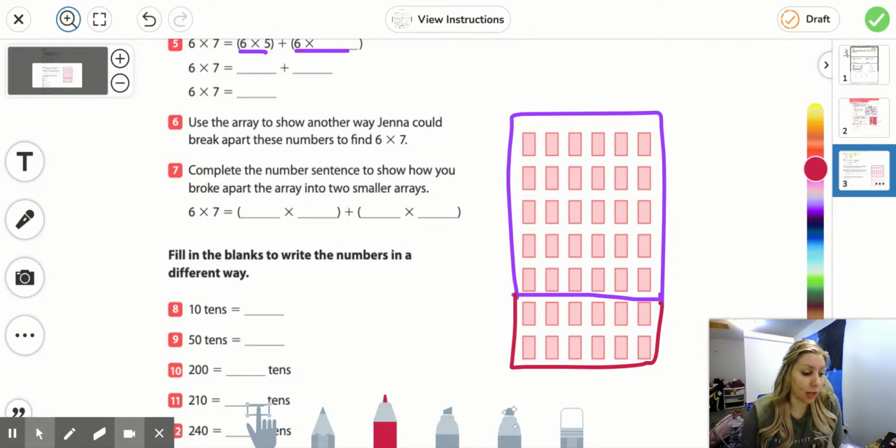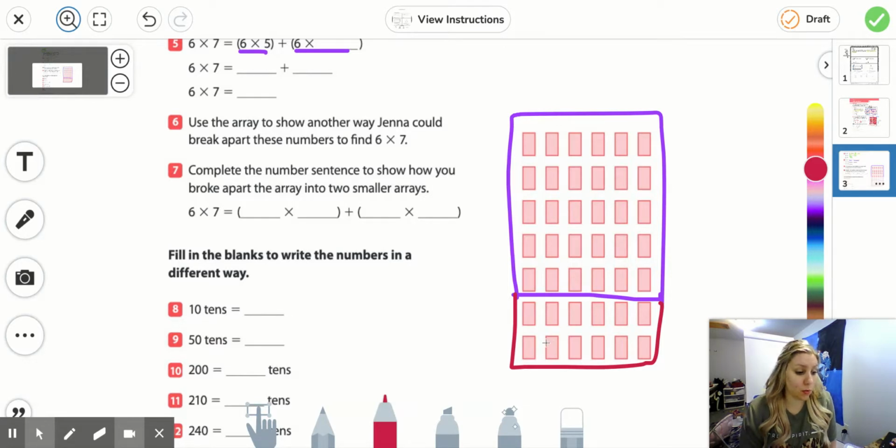Jose, what do you think? There's 2 rows with 6 in each row. How would I write that in multiplication? What do you think, Jose? You can come off of mute or you can type it in the chat.